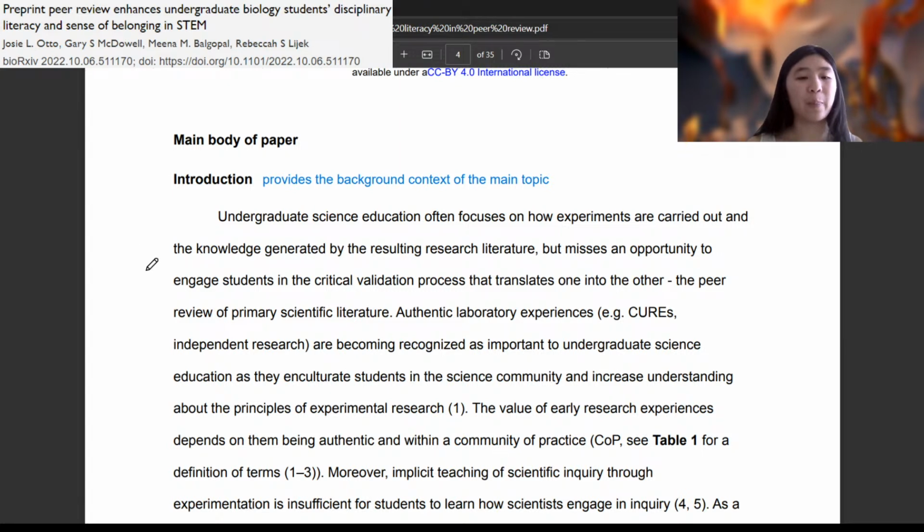Undergraduate science education often focuses on how research experiments are carried out and the knowledge generated by the resulting research literature. But it misses an opportunity to engage students in the critical validation process that translates one into the other, the peer review of primary scientific literature.